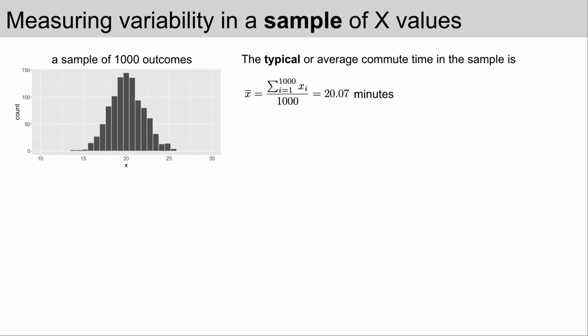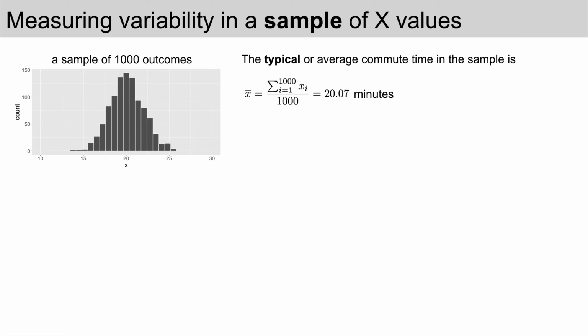First, let's consider how we calculate variability in a sample of data points. The plot at left displays a histogram of 1,000 observed commute times x. Notice that the typical commute time is around 20. More precisely, the average commute time is 20.07 minutes, which we calculated by adding up all 1,000 commute times and dividing by the sample size, 1,000.